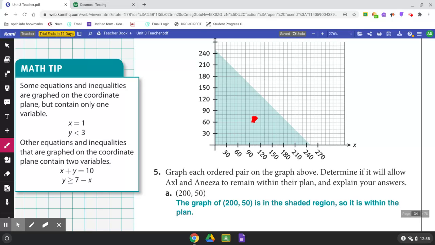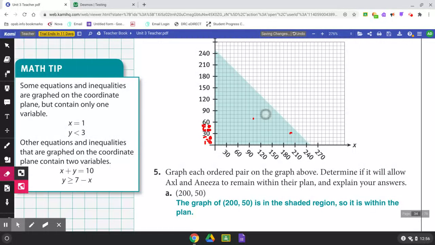250 is approximately right here. Now, the way I'm getting these is each square is 10 points. So this is 10, 20, 30, 40, 50, 60. So let me do a better job of drawing these points for y'all.